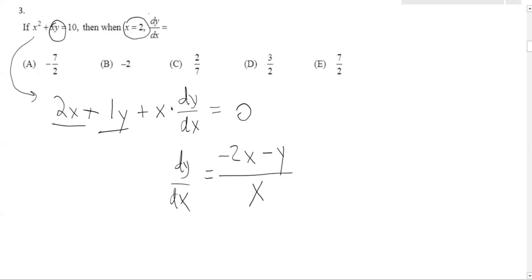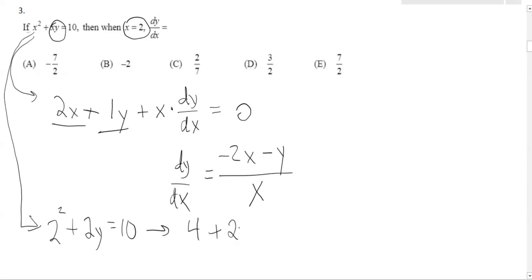If x is 2, we still need the y value, so we can take this equation and substitute 2 in for x. So 2 squared plus 2y equals 10. That's going to be 4 plus 2y equals 10. Subtract 4, you get 6. Divide by 2, you get y equals 3.